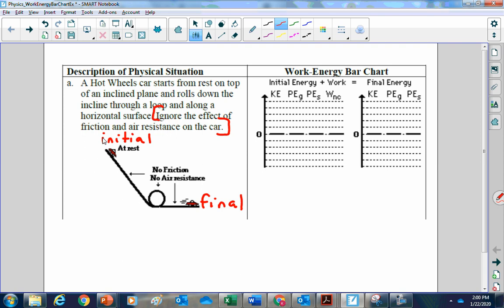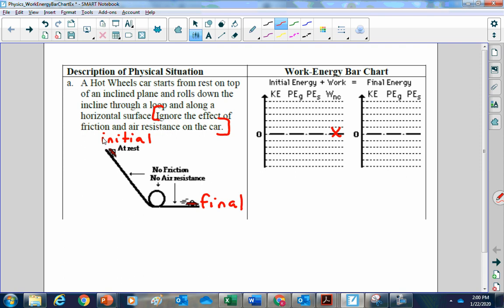So right away, we can say that there's no bar or zero work done in that category, which tells us that mechanical energy is going to be conserved because nothing is interfering here with our car Earth system.